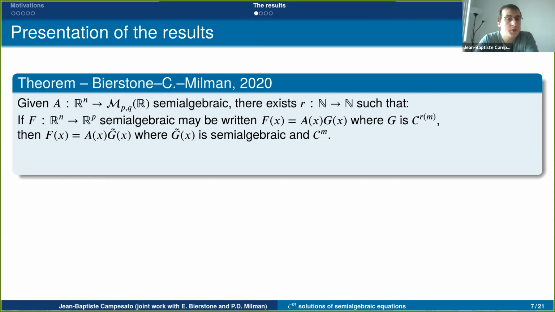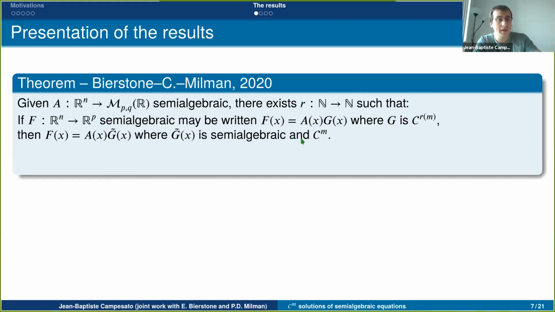So we start with a matrix A, whose entries are semi-algebraic, and we can assign to this matrix a function R from the natural numbers to themselves, such that if you consider an equation of this form, where A is the previous semi-algebraic matrix and F is a vector-valued semi-algebraic function, then when you consider such an equation, the existence of a C^R(m) solution implies the existence of a solution which is now semi-algebraic and C^m. So this R is the loss of differentiability function.